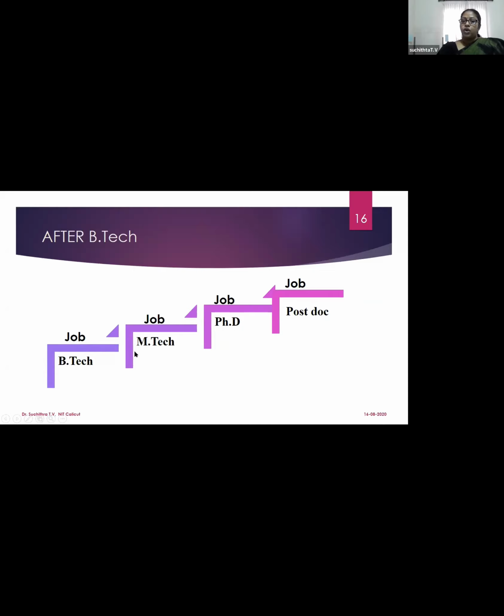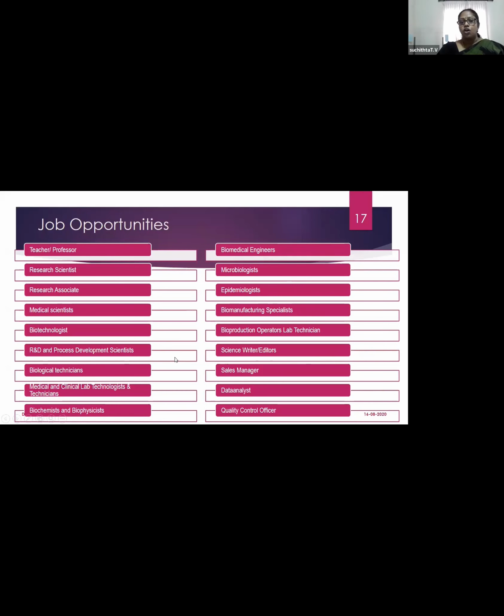And if you really want to do research, you can do a PhD, postdocs, and work as a scientist. I will tell you what the opportunities of biotechnology are. Just after your PG, PhD, and postdoc, you can go for a teaching profession.